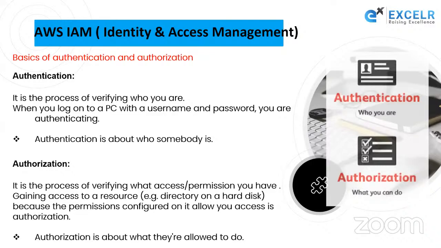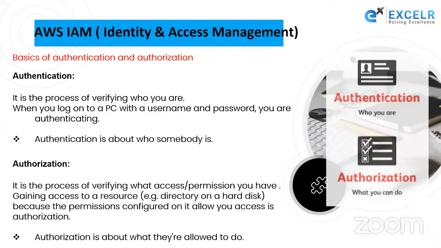Authentication is the process of verifying who you are. When you log into your PC, you use your username and password, and then you are getting authenticated. So authentication is simply who you are. Authorization is the process of verifying what access you have on your account, whether you have access to the hard disk, whether you have access to the network, and so on.